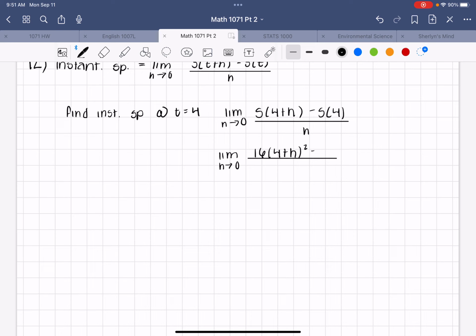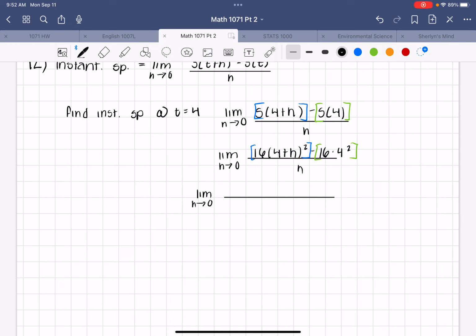Okay, same steps. You need to expand your square. Are you okay with that? 4 squared plus 2 times 4 times h plus h squared, minus 16 times 4 squared. If you called this 16, you called that 8, fine. I'm leaving it unsimplified because the point I just made is leave 4 up top, and it works out the same.